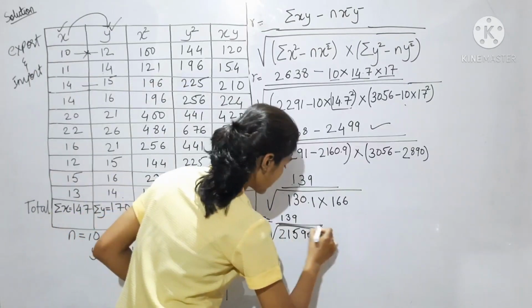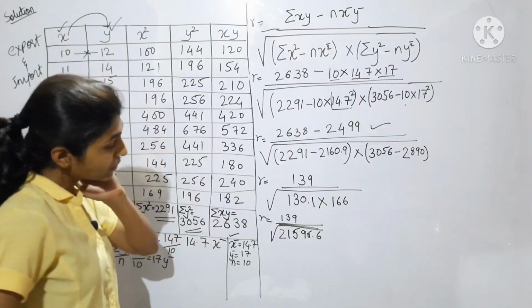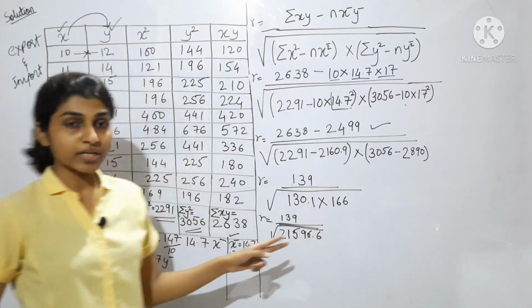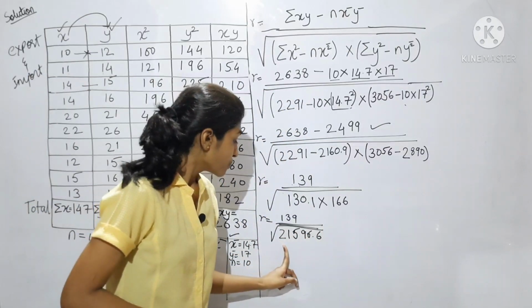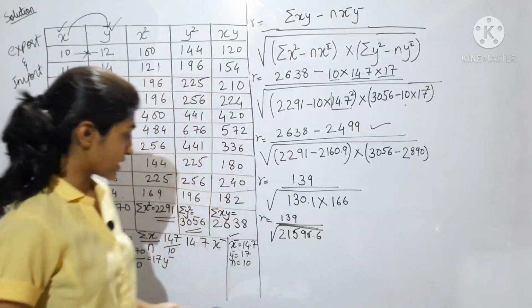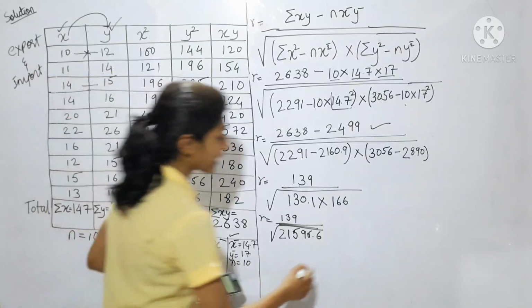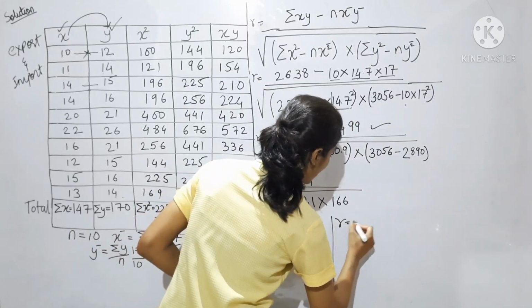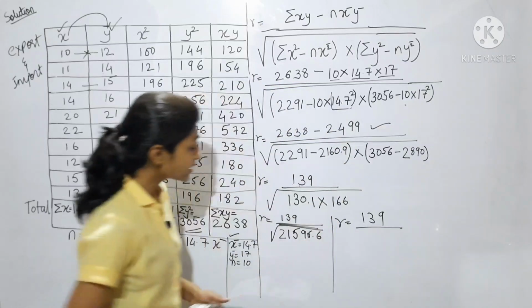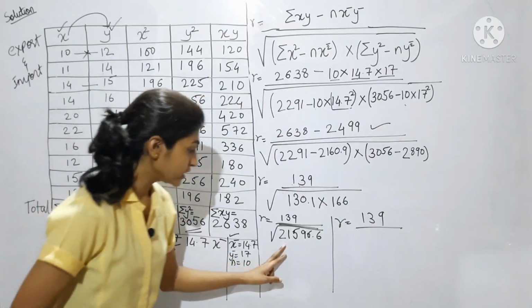Now next step, r is equal to 139 you will write as it is. Now find the square root of this value.